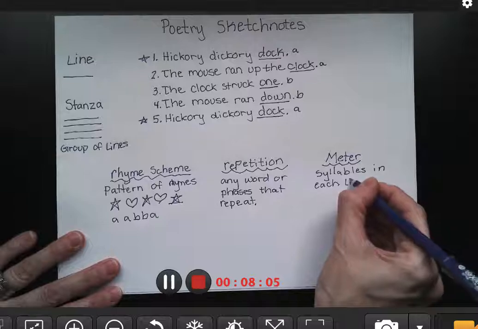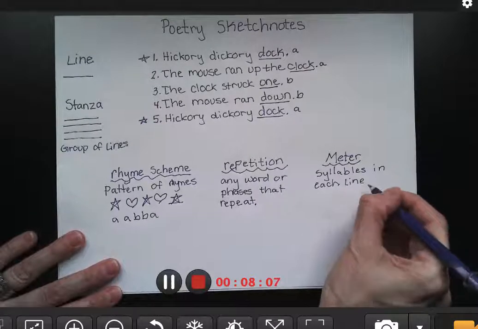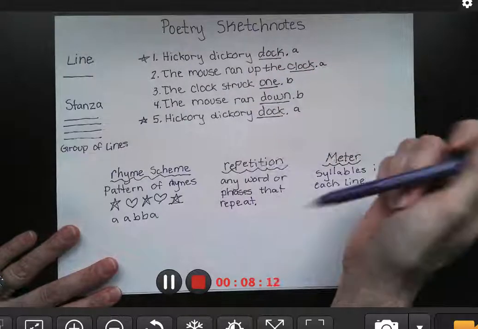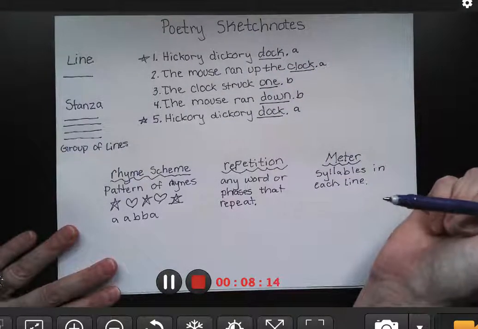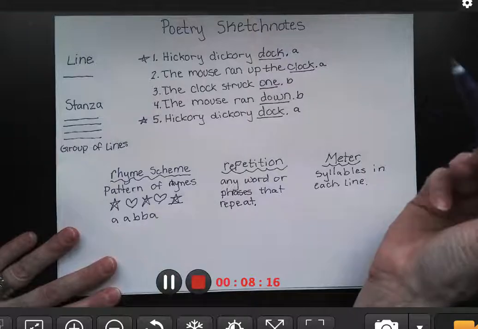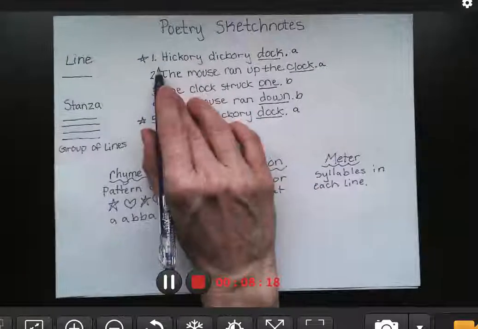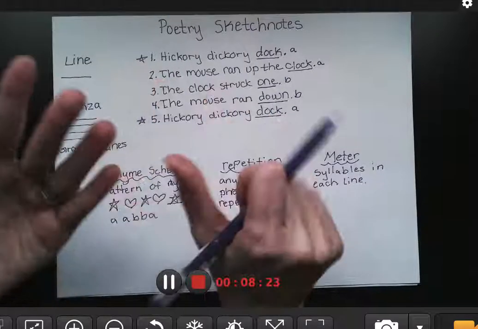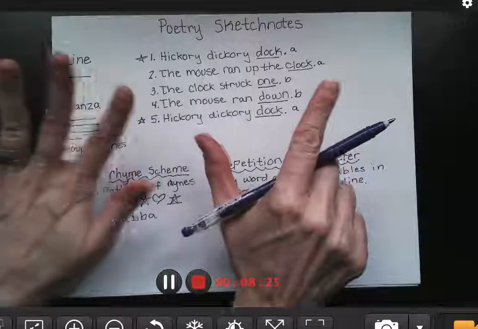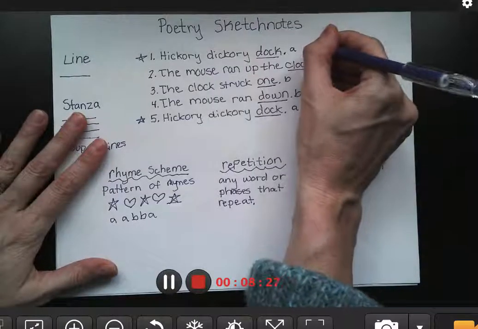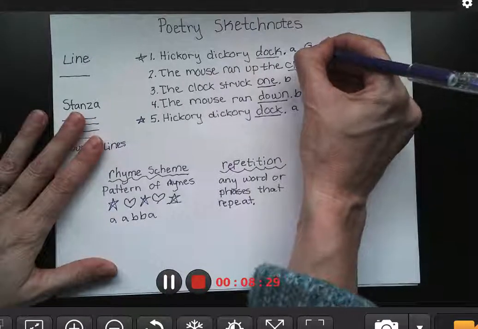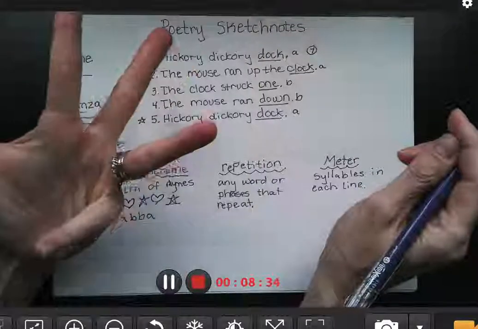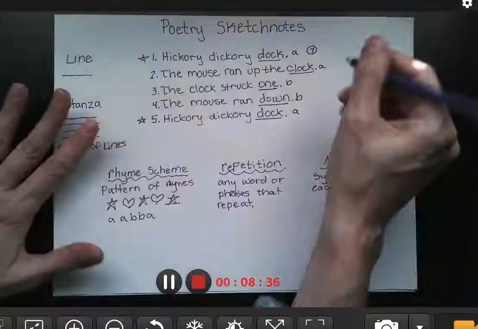So if you're writing a poem and you want your poem to sound right, you have to make sure that you have nearly the same amount of syllables in each line. So let's look at this. Hickory is 3 syllables, dickory is 3 syllables, and dock. So this line has 7 syllables. The next line, the mouse ran up the clock, had 6.